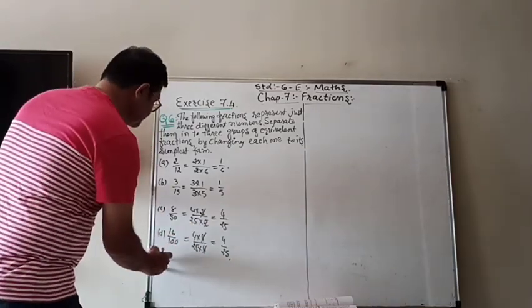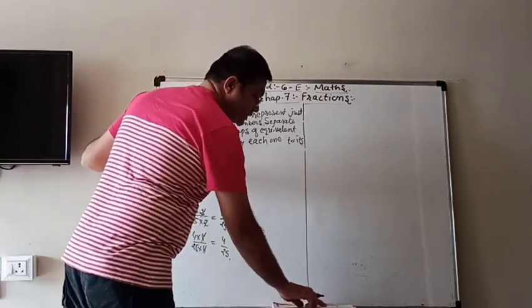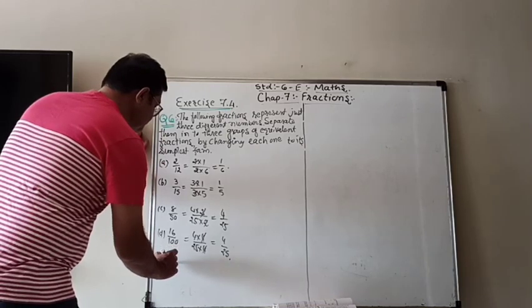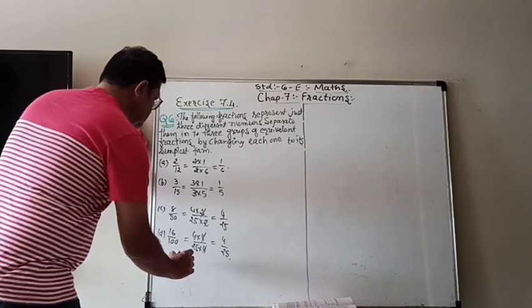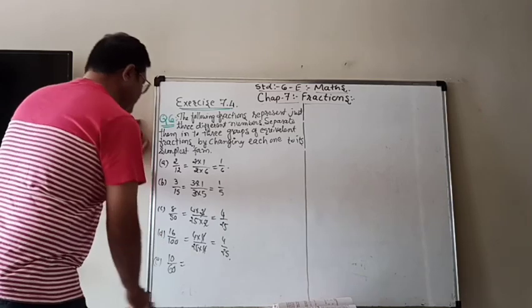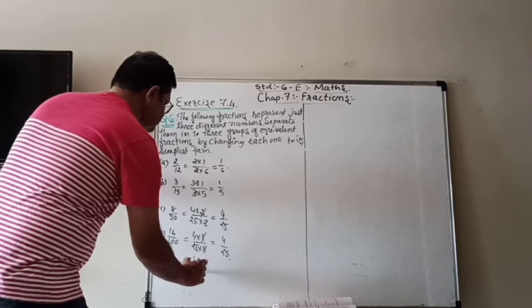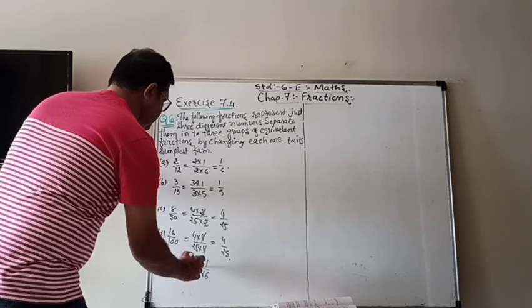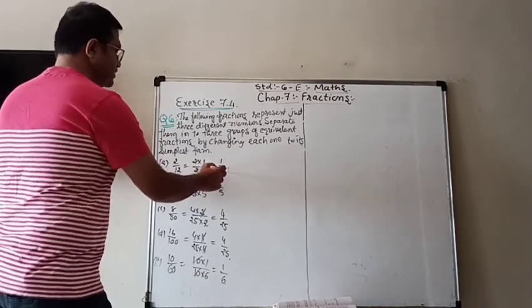Then E. In E it is 10 upon 60. So 10 ones are 10, 10 6s are 60 and 10 and 10 are cancelled. So 1 upon 6, so it will come with this one.